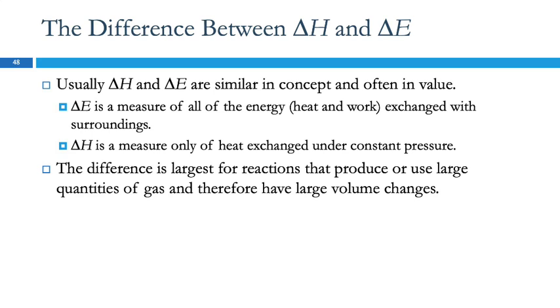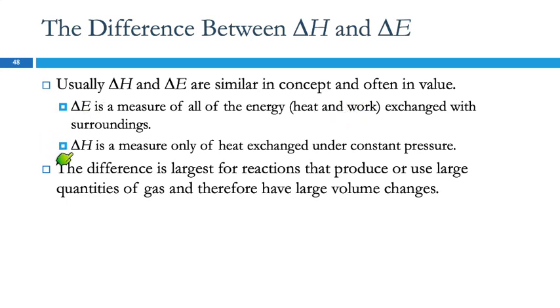Yeah, there's the slide. So delta H and delta E, change in enthalpy, change in internal energy, similar in concept, often similar in value. But delta E is the measure of all the energy exchanged, the heat and the work.